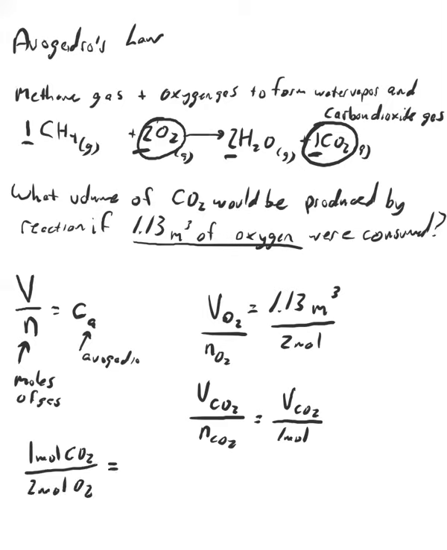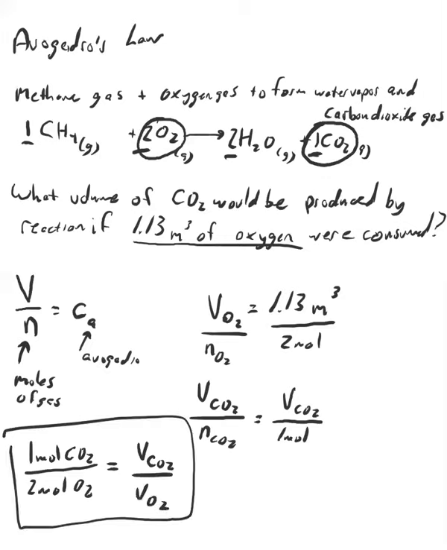That is going to be equal to the volume of the CO2 to the volume of the O2. Very simple. So you just take the molar ratio, and that should be equal to the volume ratio. So let's write it that way. The mole ratio is equal to the volume ratio.